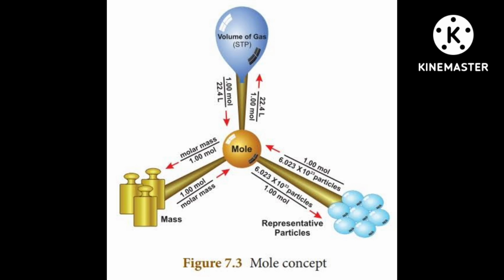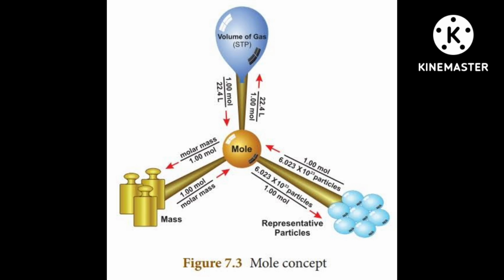Now it is very easy to calculate how many atoms are there in 12 gram of carbon. 1.992648 into 10 to the power minus 23 gram equals 1 atom.